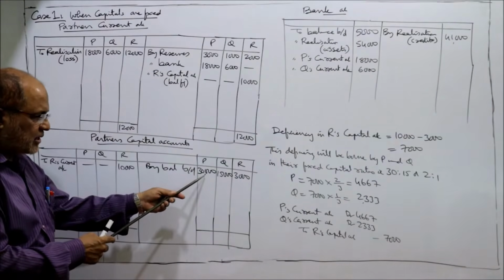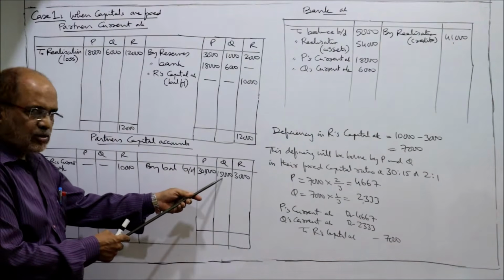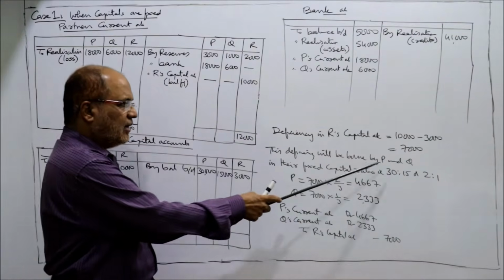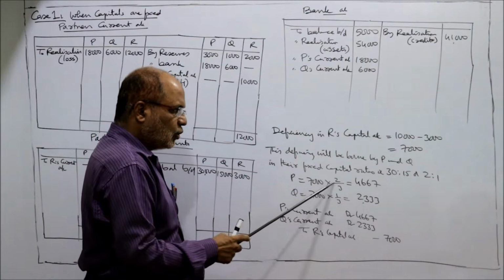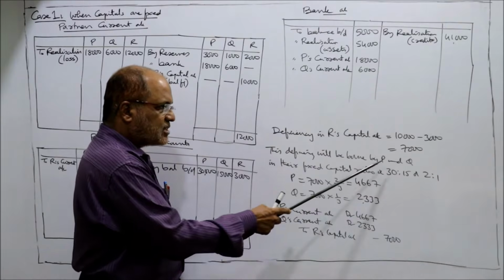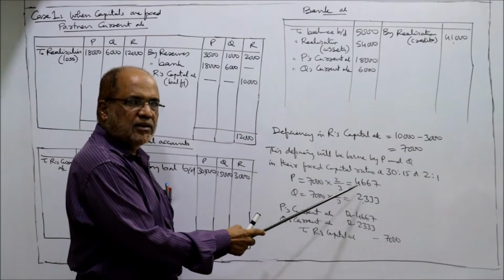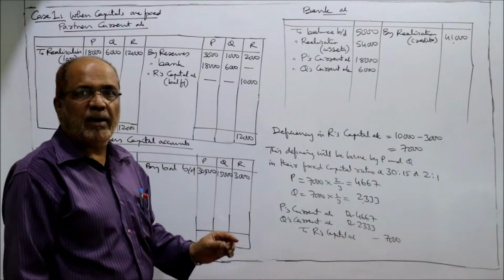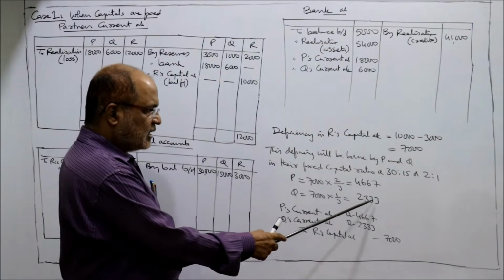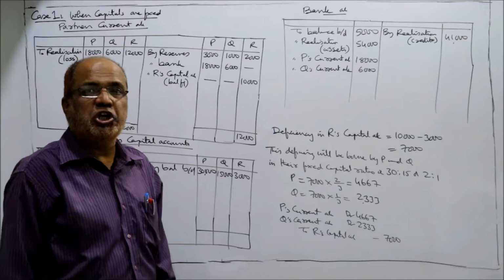Here it is the fixed capital ratio 30,000, 15,000. So 30:15 or 2:1. So 2/3 and 1/3. So 7,000 into 2/3, 4,667. This is the loss to be borne by P. And 2,333 is the loss to be borne by Q.